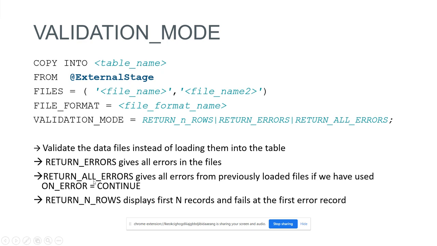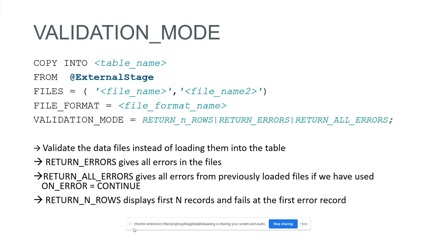The second one is return all errors. Return all errors is similar to return errors, but it also includes the errors from the previously loaded files. If we have used on error equals continue, that means in the first run I loaded the data by putting the option on error equals continue. That means even though there are errors in some files, those files get loaded into the table.